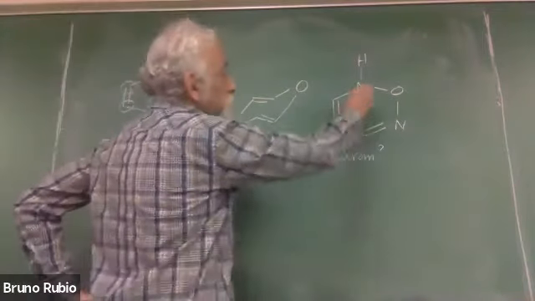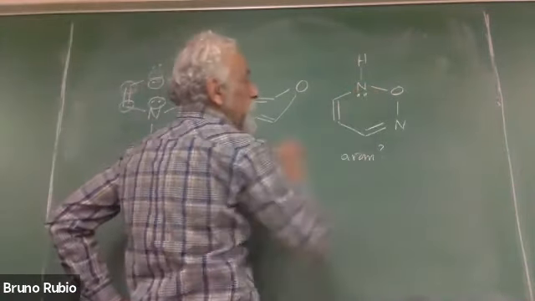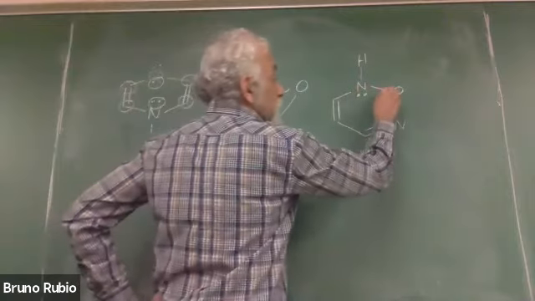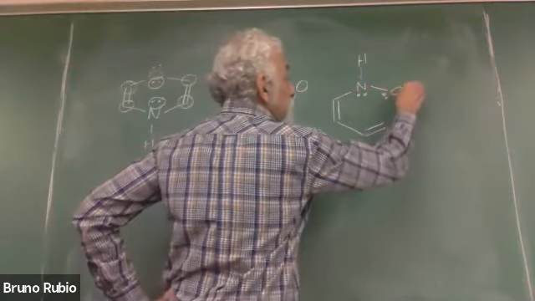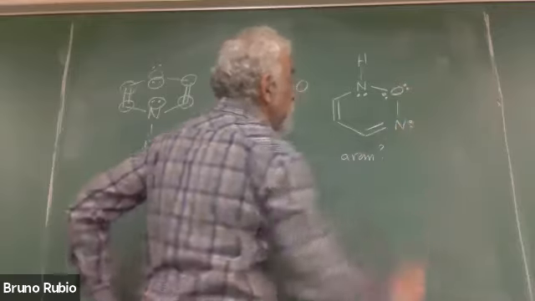Okay, so this nitrogen has an unshared pair of electrons there. This oxygen has two unshared pairs of electrons there. This nitrogen has an unshared pair of electrons there.